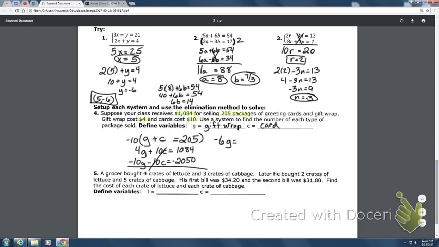So I would get -6G equals -966. So you should get that there were 161 gift wrap packages sold and 44 gift card packages sold.